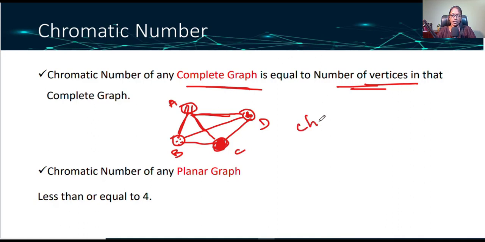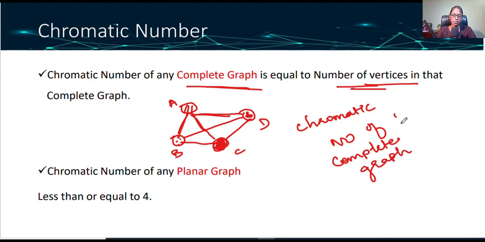The chromatic number of a complete graph is always equal to the number of vertices. Here there are 4 vertices, so the chromatic number of this complete graph is 4.